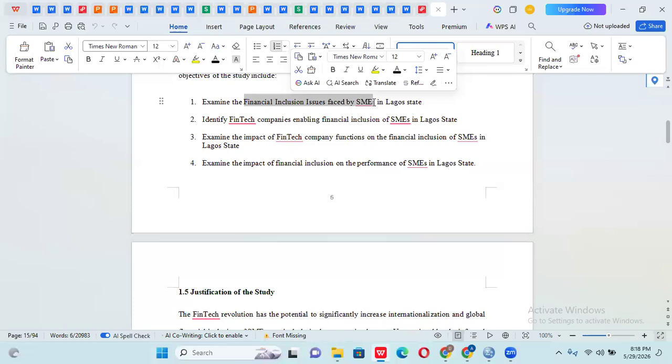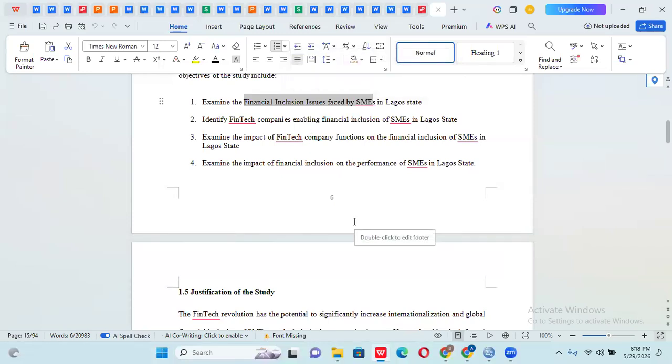Are you with me? Now, objective 2: identify fintech companies enabling financial inclusion of SMEs in Lagos State.